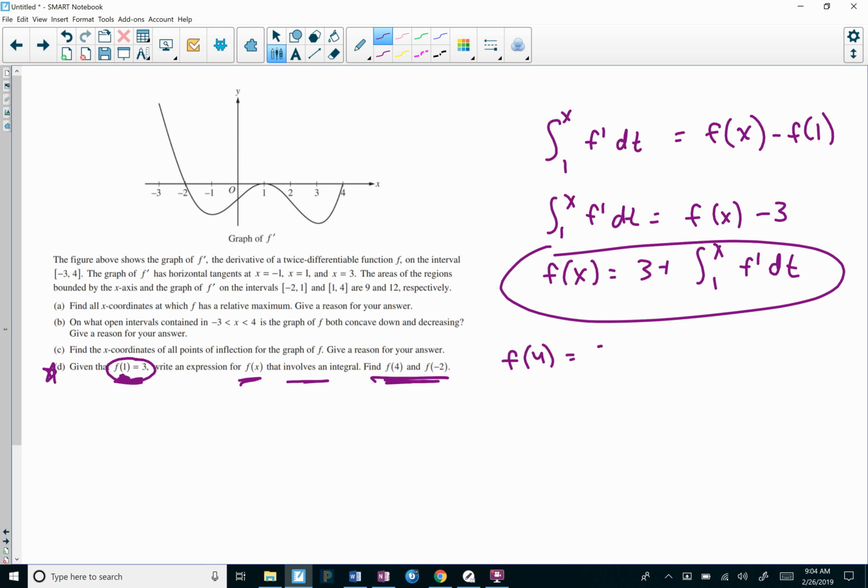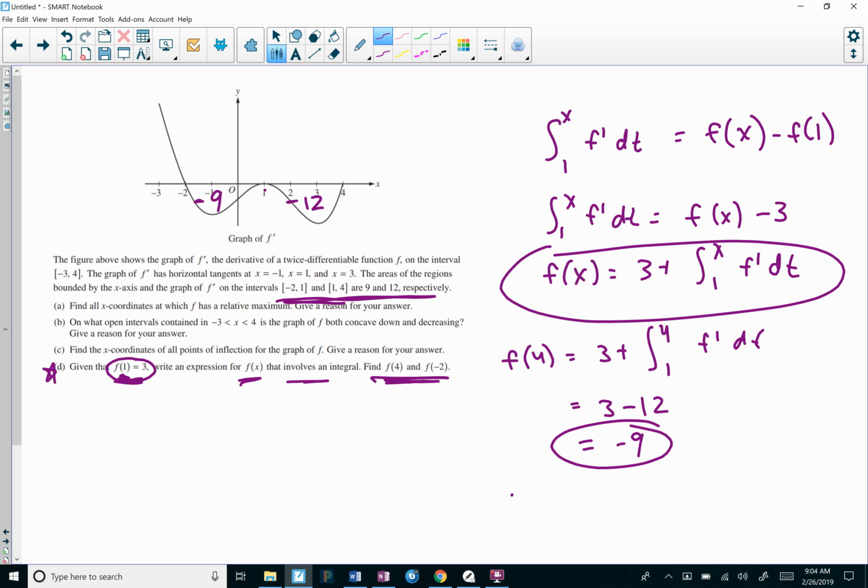F of 4 will be 3 plus the integral of 1 to 4 f prime dt. And that's where this chunk comes into play. We're told between negative 2 and 1, the area is 9. But be careful, it's below the x-axis, which means it's negative. We're told this is 12, but it's below the x-axis, so it's negative. So from 1 to 4, that would give me 3 minus 12, which is negative 9. Now let's find f of negative 2. 3 plus the integral, you can't change your order just yet, 1 to negative 2.